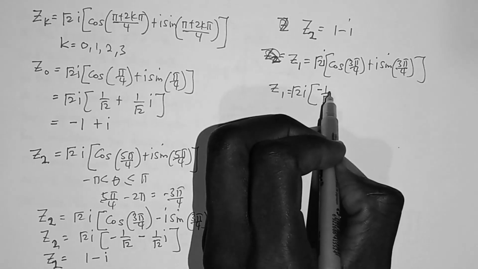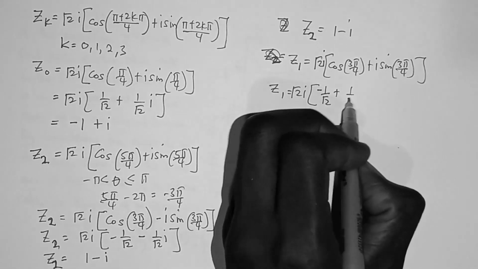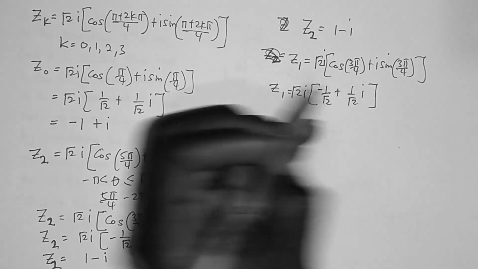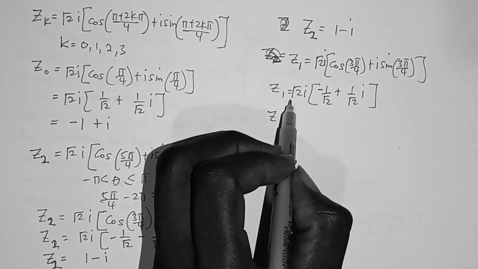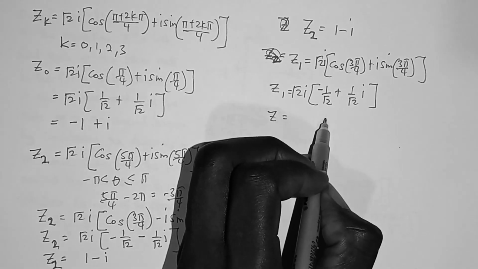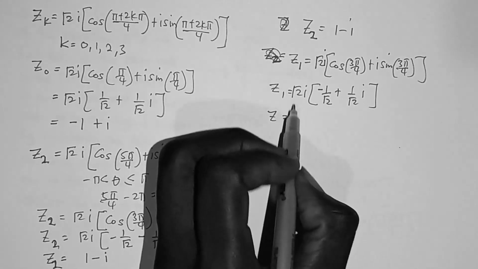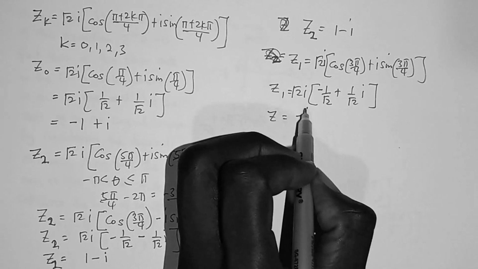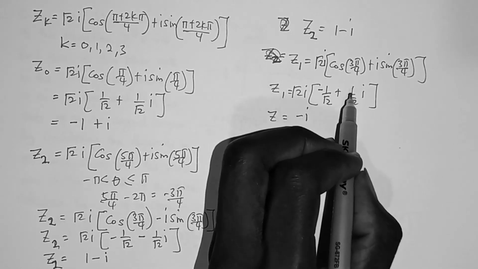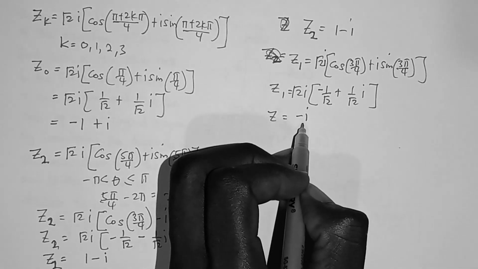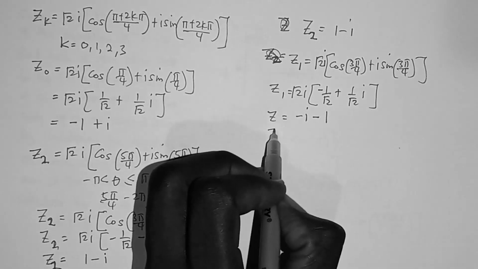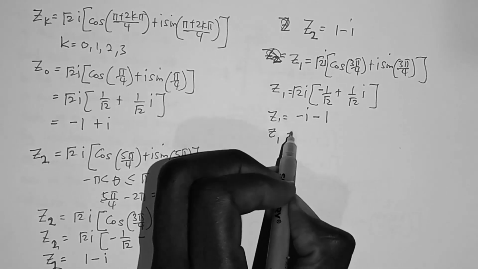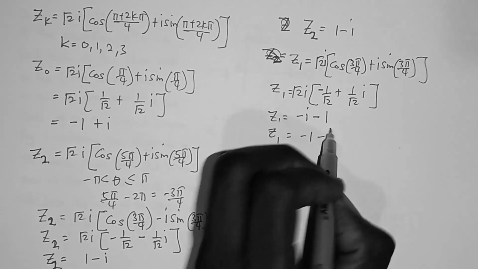Then sine 3 pi over 4 is 1 over root 2. So root 2 times minus 1 over root 2 is equal to minus 1. Then root 2 times 1 over root 2 I is equal to I. So Z1 is equal to minus 1 plus I.